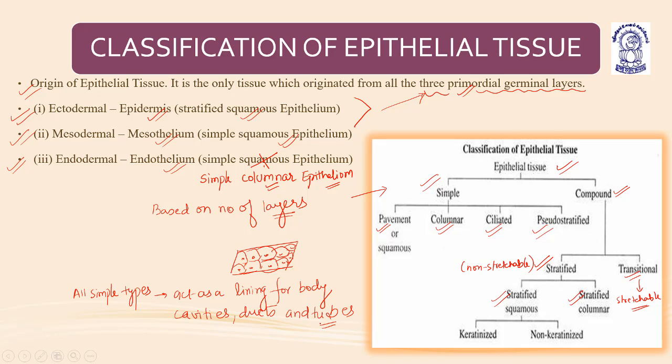So all simple types of epithelium act as a lining for all body cavities, ducts, and tubes.